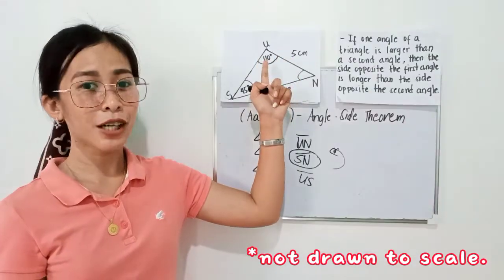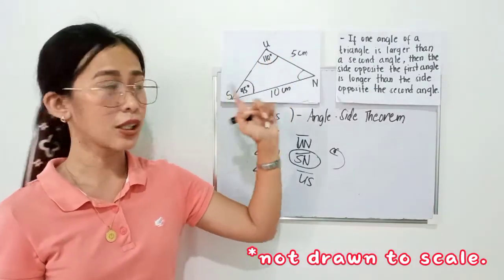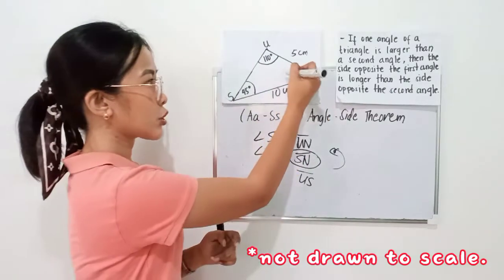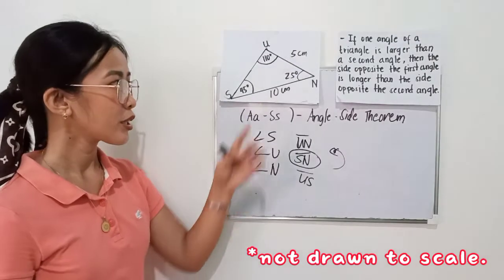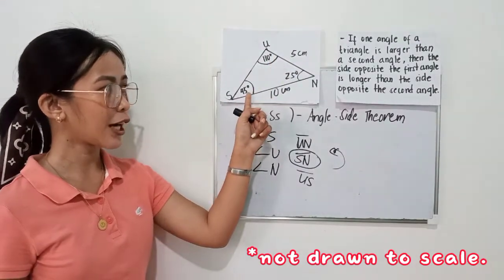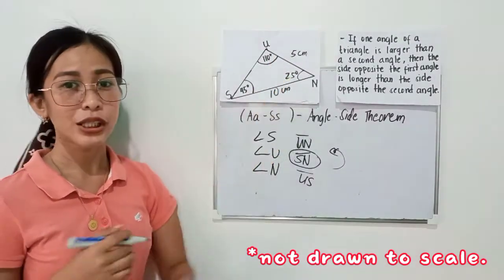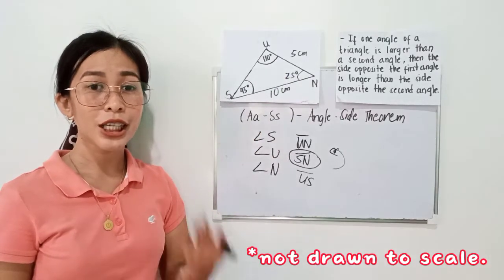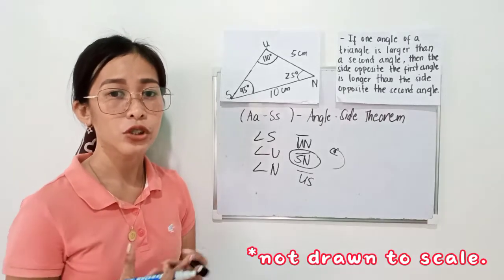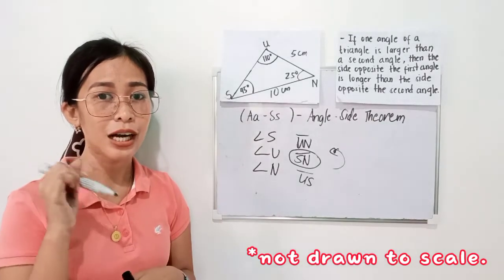So, since diba we have 110 degree and 45 degree, therefore, this angle measures 25 degree. Okay? 25 degree yan. Kasi 110 plus 45 plus 25 is equal to 180 degree. And remember, the interior angles of a triangle measure 180 degree. Interior ha, alright?